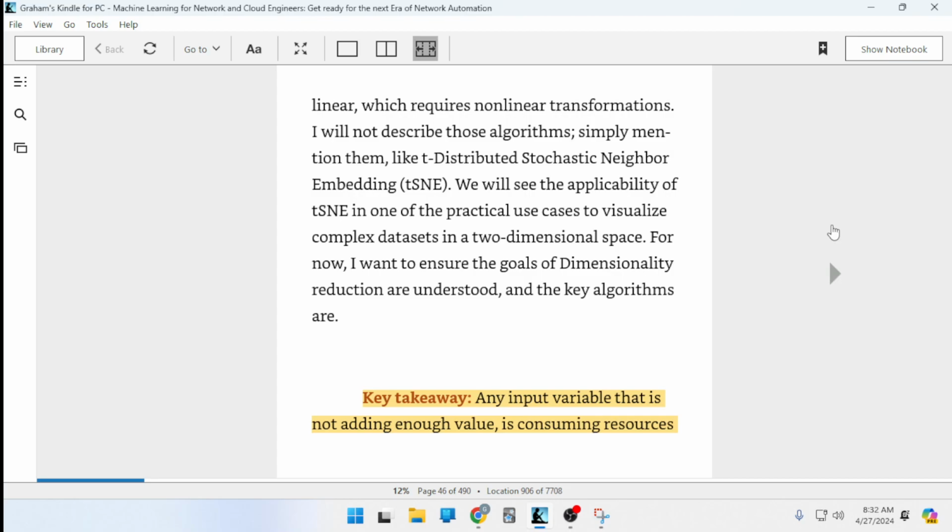Simply mention them, like the T-distributed stochastic neighbor embedding, TSNE. We will see the applicability of TSNE in one of the practical use cases to visualize complex data sets in a two-dimensional space. For now, I want to ensure the goals of dimensionality reduction are understood, and the key algorithms are understood as well.